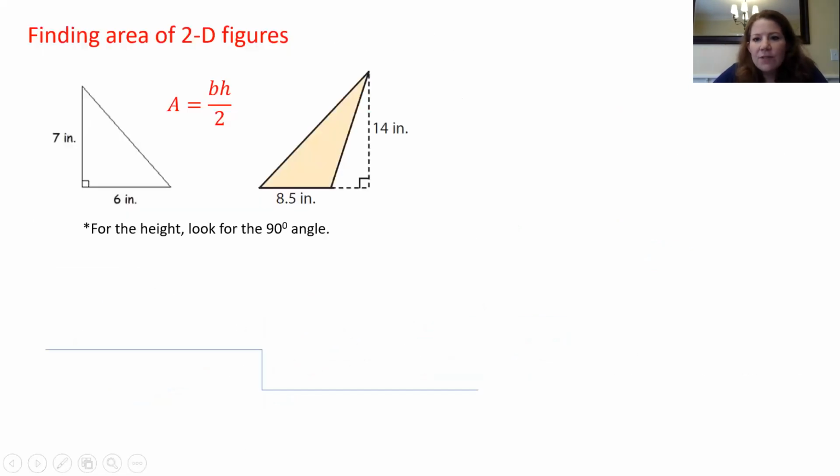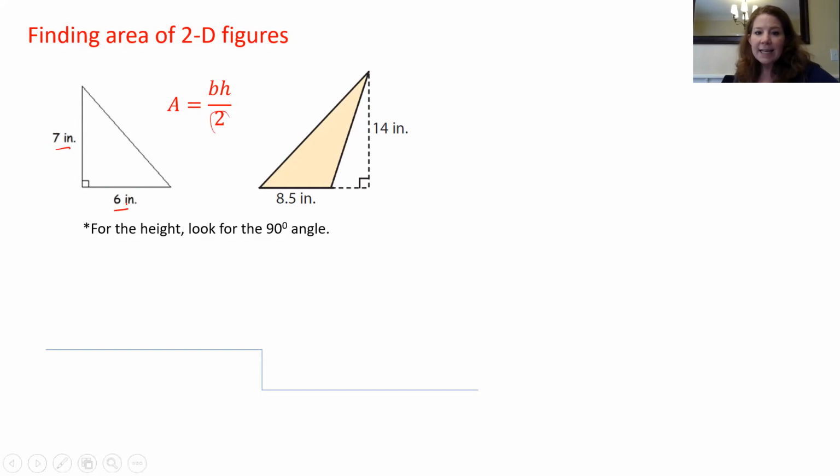All right, so now that moves us on to finding the area of figures so that eventually we can find the surface area of three-dimensional figures and then the volume of three-dimensional figures. So just to review from 6th grade, when you are asked to find the area of a triangle, you find the product of the base times the height, and then you divide it by 2, right?